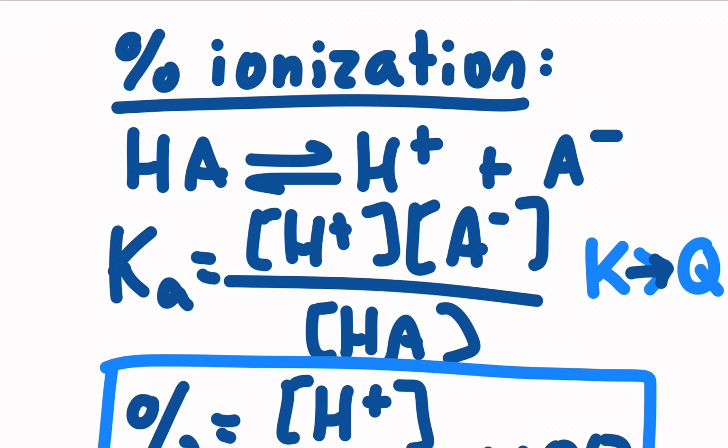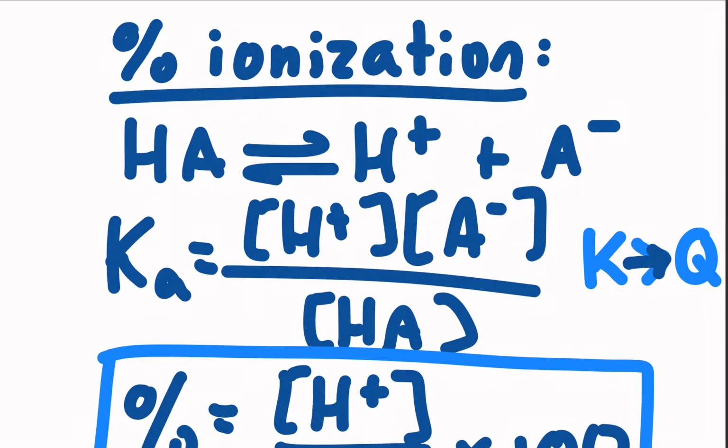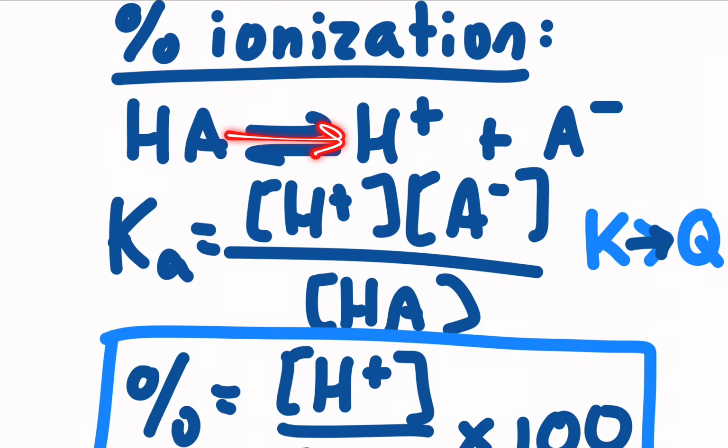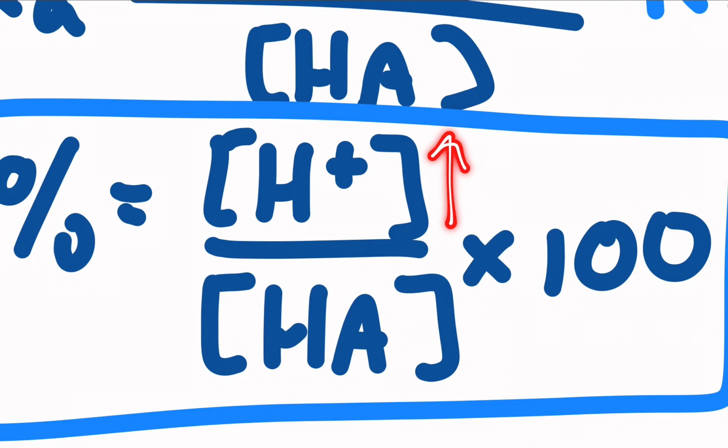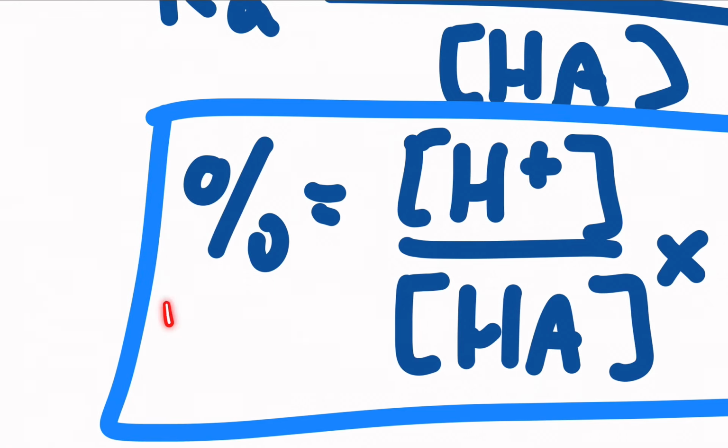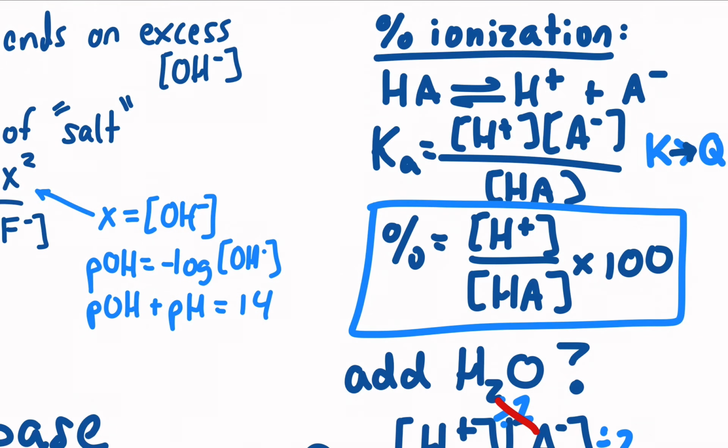Remember, when Q is less than K, that will cause the equilibrium to favor the forward reaction in order to re-equilibrate. So if you get more forward reaction, that means you're getting more H plus and less HA. So if H plus increases and HA decreases, that means your percent ionization increases overall, and that would be a justification for that as well.